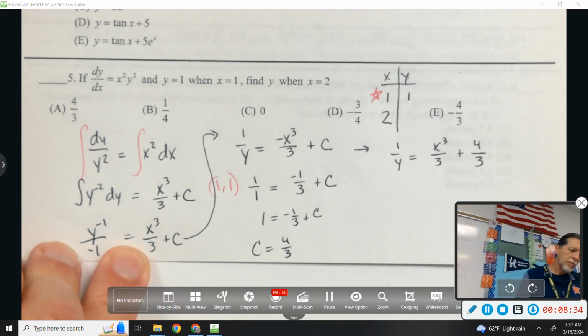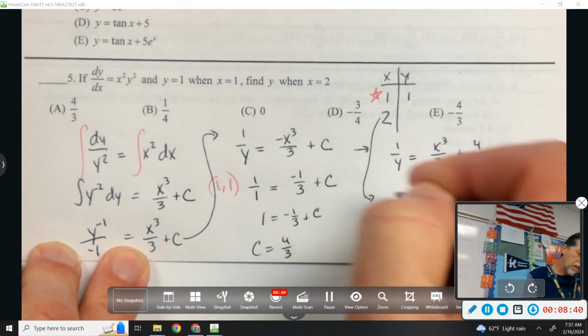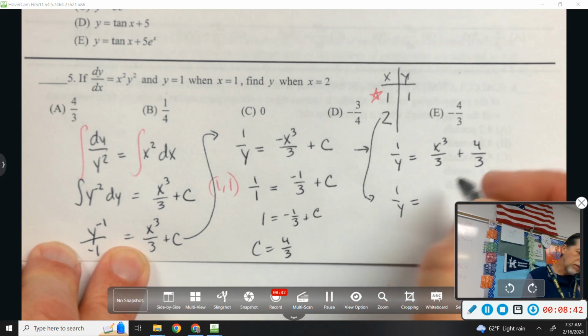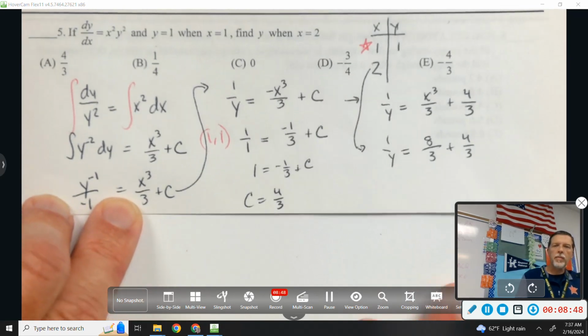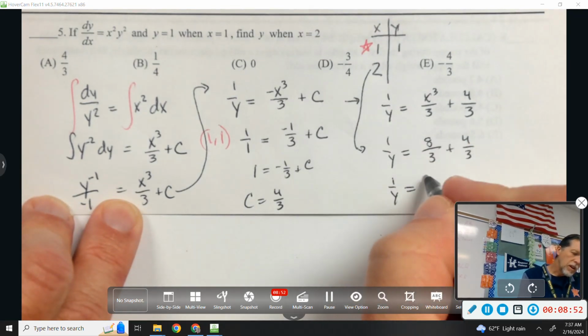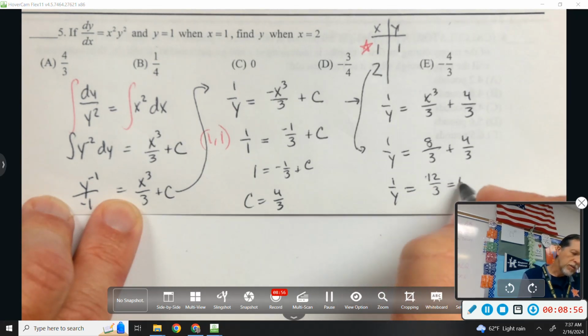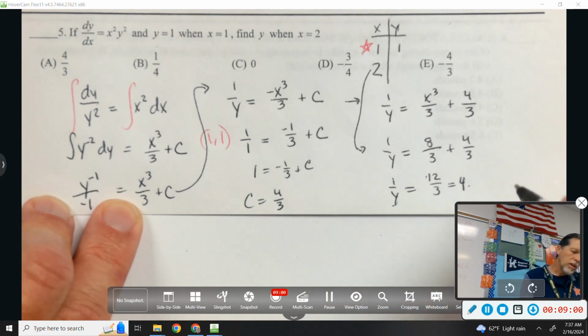Alright, well next let's plug in x equals 2 to figure out what y is. So 1 over y equals 8/3 plus 4/3. So 1 over y equals 12/3, also known as 4. So if 1 over y is 4, then that means y is 1/4.